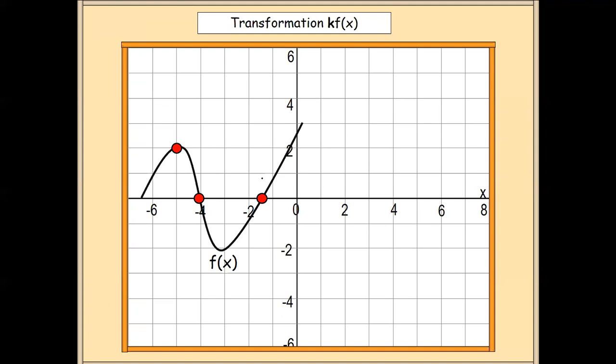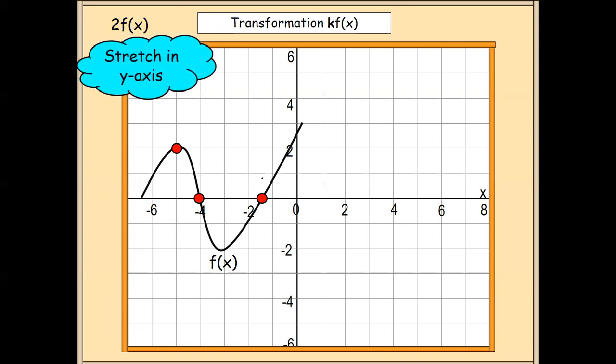So if I had f of x, let's say you do 2f of x. So any value of y basically would double. So what's going to happen to the graph? It's going to expand here. So the graph will expand. So 2f of x, for example, we will stretch it across the x-axis.